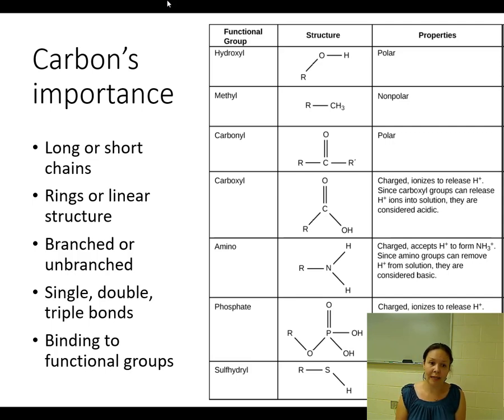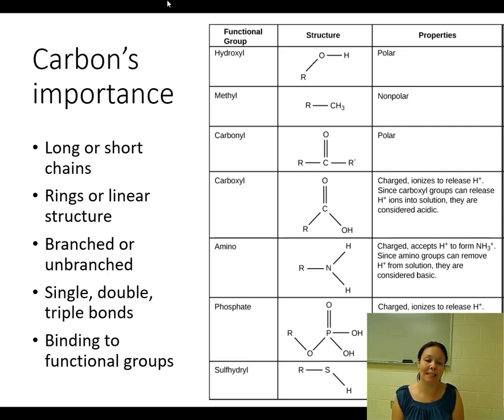As I just mentioned, rings or linear structures are the types of structures that can be formed through stringing together carbons. Carbon chains can also be branched or unbranched, meaning it can be one long chain that doesn't have any little chains stemming off of it, or it can have little chains stemming off of it.